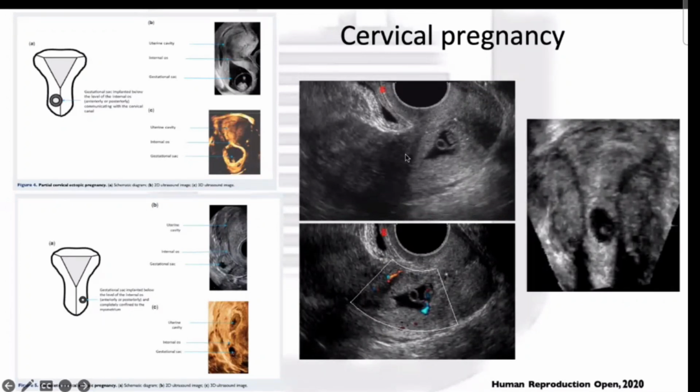Often cervical pregnancies are not related to cesarean delivery, but remember, cervical pregnancies are inside the cervical canal and are lower than the internal uterine os.